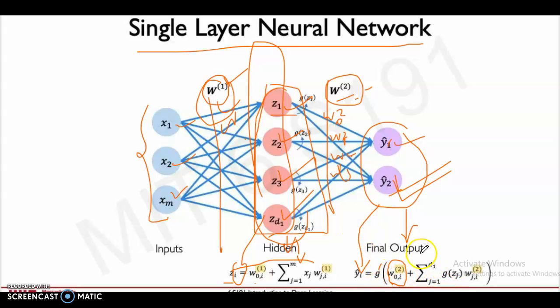Summation of j equal to 1 to d1, same as before, 1 2 3 4.